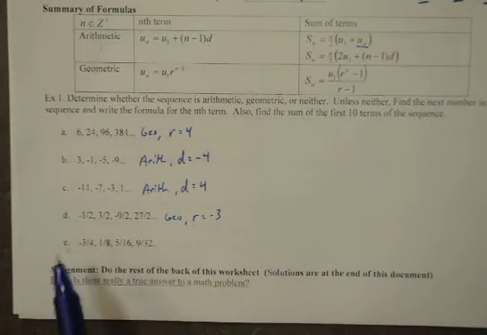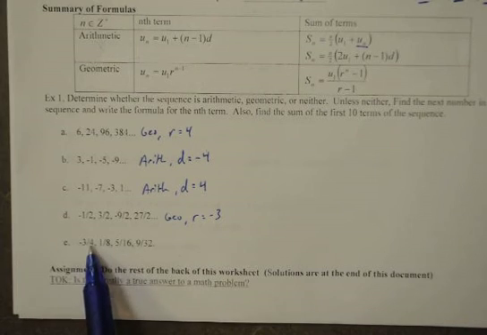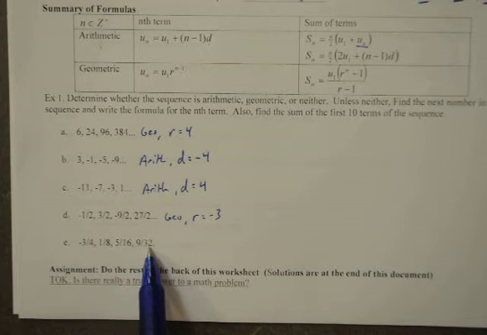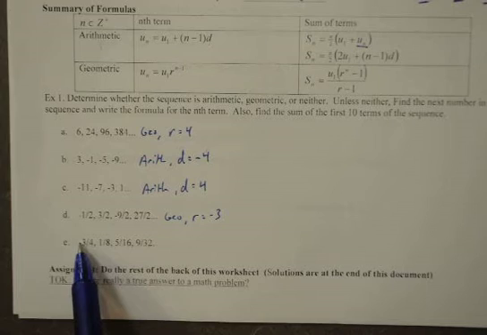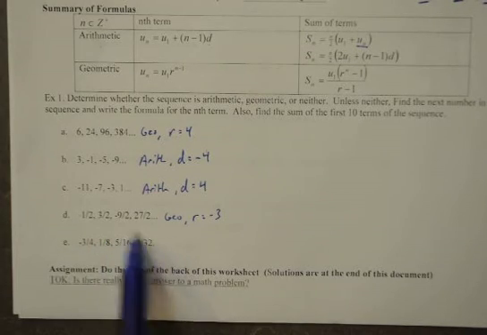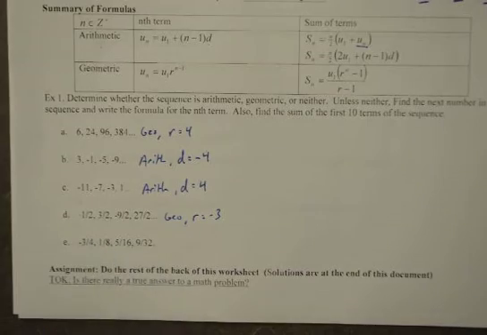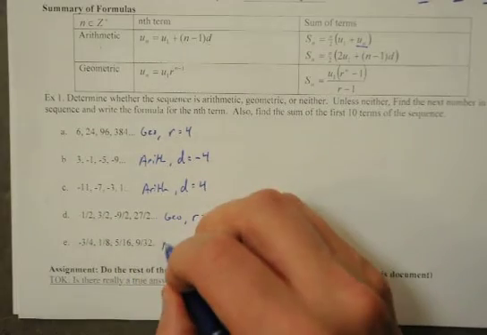Yeah, this is different. The denominator is geometric, and it has a ratio of 2. The top is arithmetic. It has a common difference of plus 4. But when you put those together, there's nothing going on there. This is neither.